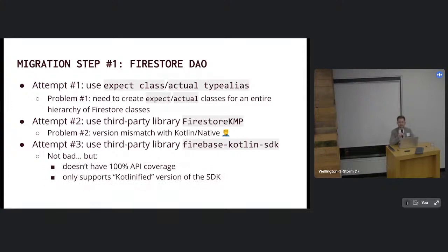And it only supports a Kotlinified version of the SDK. So in my case, for example, instead of using callbacks, it uses flows. And for me, because I was trying to convert an existing app, I wasn't using flows, which meant a bunch of refactoring.